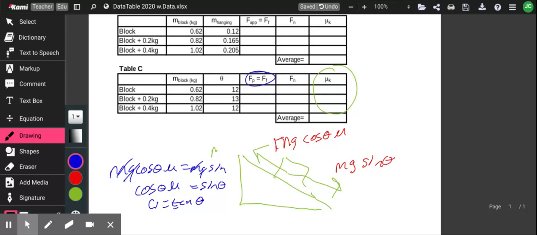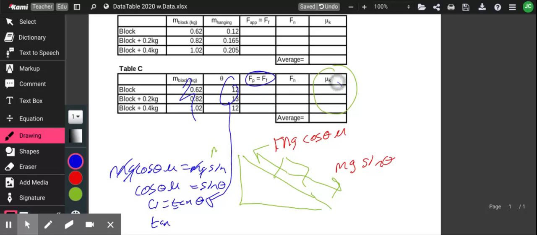I misspoke there. So if I have the angle, I can plug it in and I can get mu. So the tangent of 12, the tangent of 13, the tangent of 12, the mass canceled out. It was irrelevant. And so the angle is all that matters.